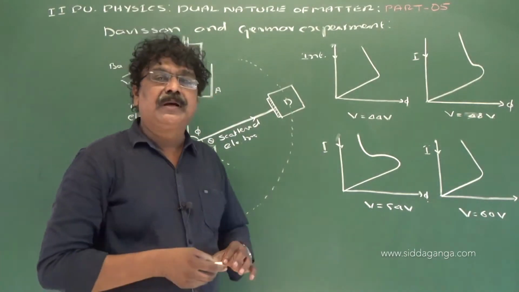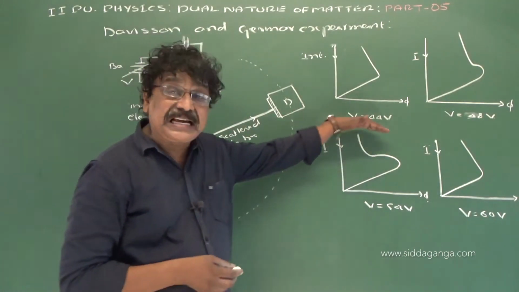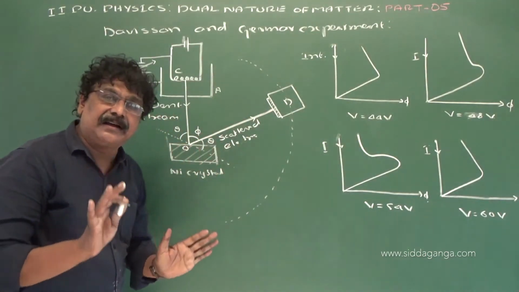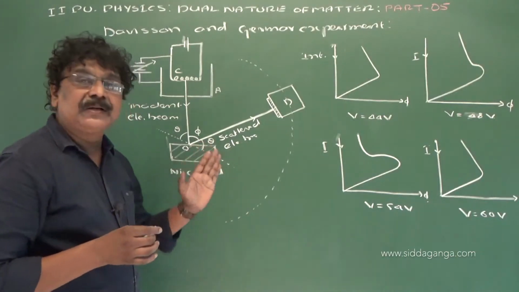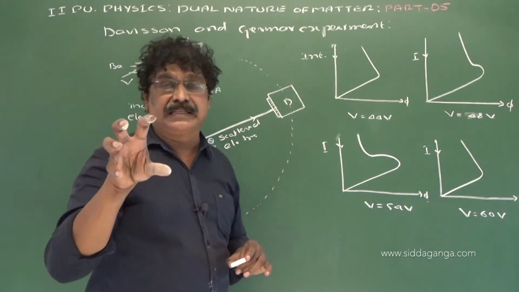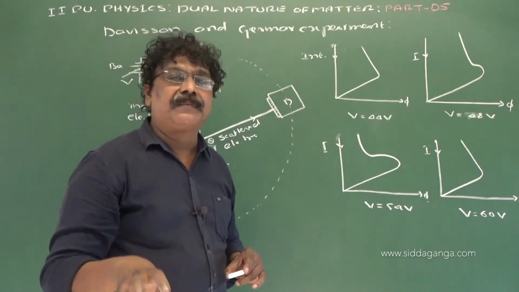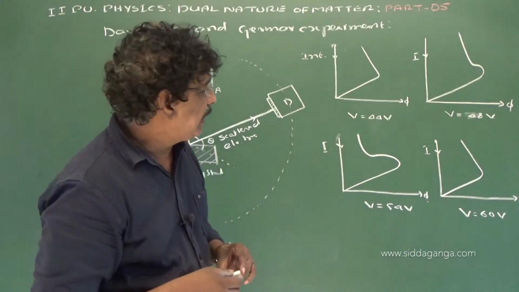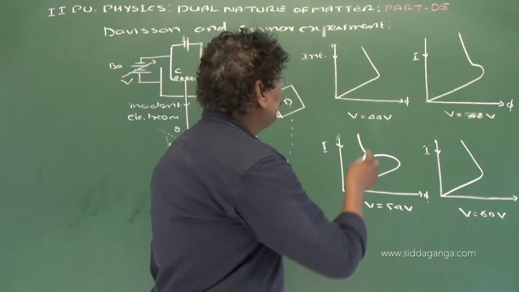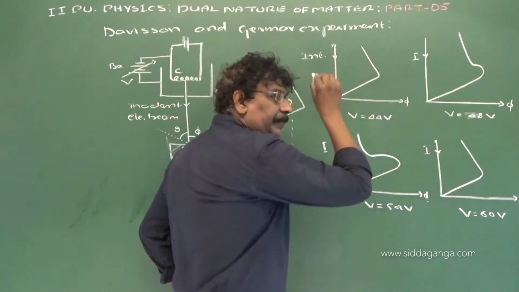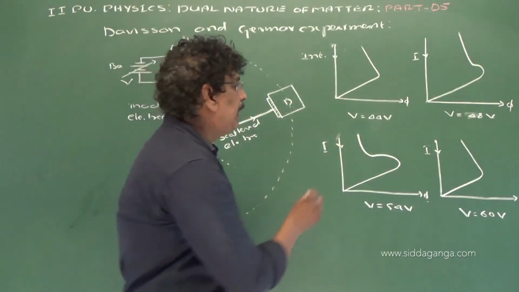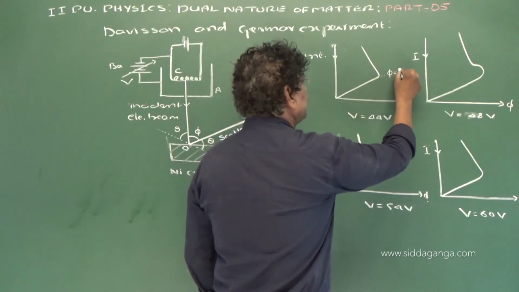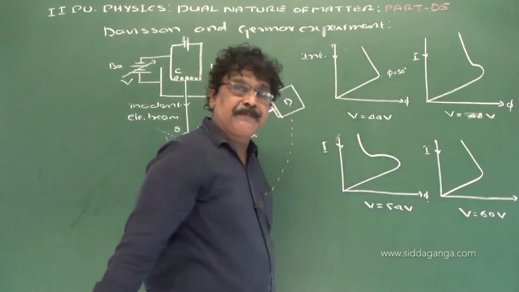Now, when we observe the graph, the intensity of scattered electron depends upon the angle of scattering. Intensity of scattered electron varies with the angle of scattering, and here we observe a kink, or a bump, at an angle of scattering equal to 50 degrees.